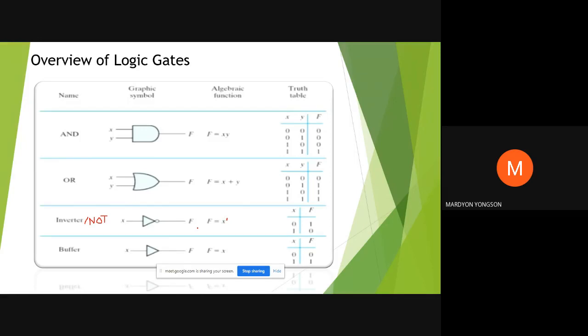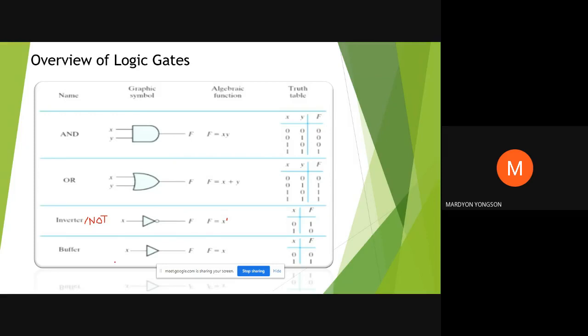So meaning F equals not x. So yung answer dito, you can see sa truth table: not 0 equals 1, then not 1 equals 0.